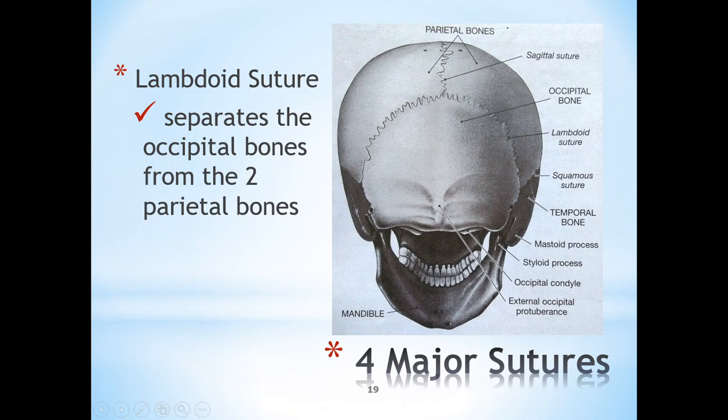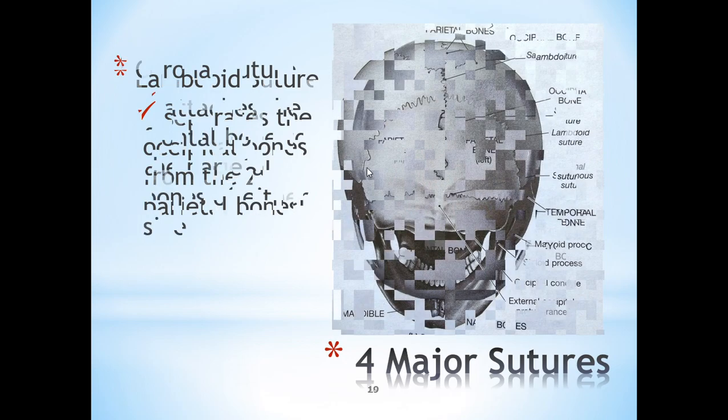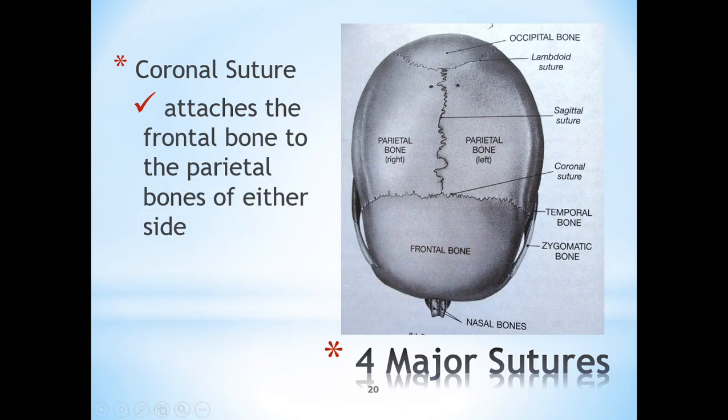The first one, we have your lambdoid suture. The lambdoid suture separates your occipital bone from the 2 parietal bones. Next is the coronal suture, which attaches the frontal bone to the parietal bones on either side.